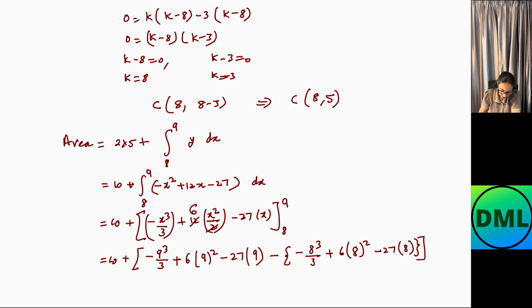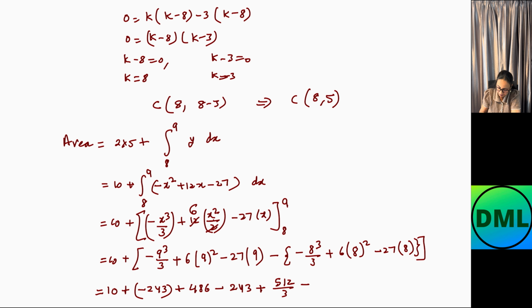Let's solve this here. That will be equal to 10 plus minus 9 cube by 3. If you solve it, that will be negative 243 plus 9 square times 6 is 486 minus 27 times 9 is 243. If you open the bracket, negative negative is positive. 8 cube by 3 is 512 by 3.